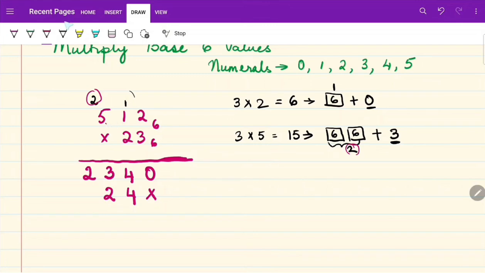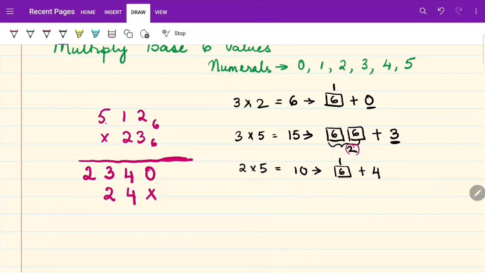All right. So what I'm going to do is I'm going to erase these carryovers from the previous multiplication. Otherwise, it may cause some confusion. So 5 times 2 is a 10, which is outside the range of numerals listed here. So we have to use the bundling process. 2 times 5 is a 10, right? So from the 10, we can extract one bundle of 6, and what will remain is 4.